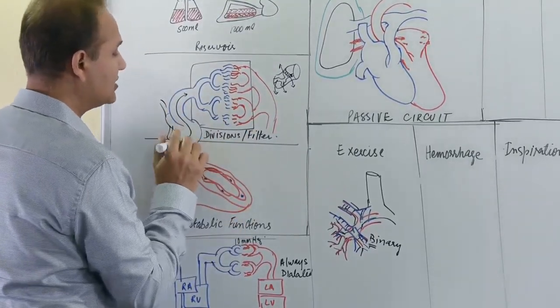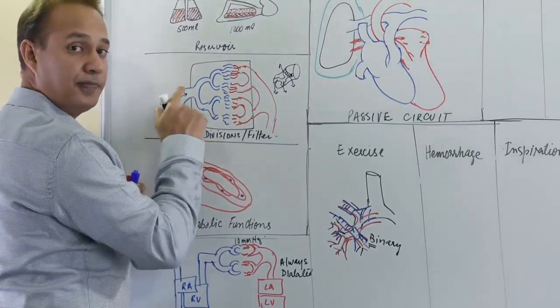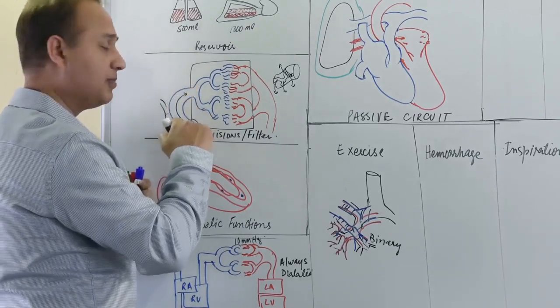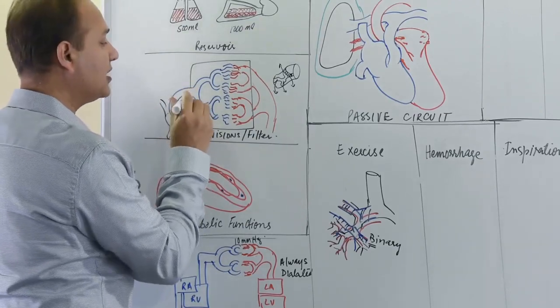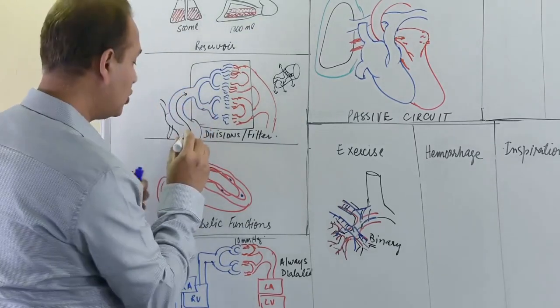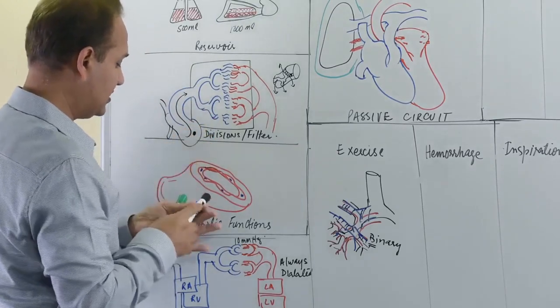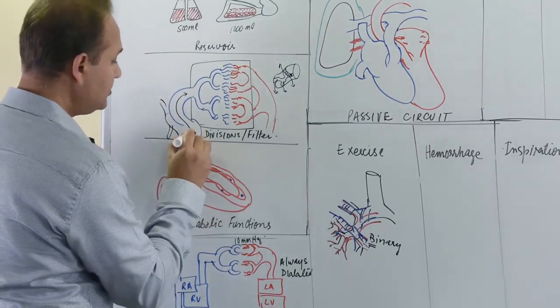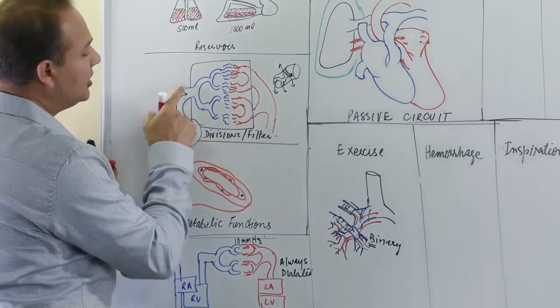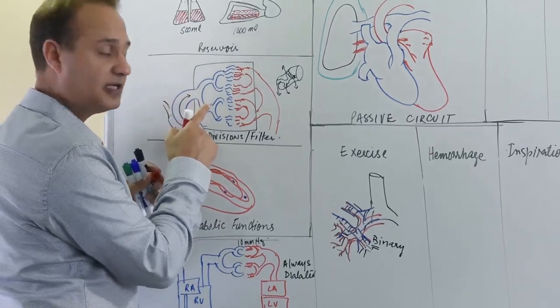Now what's going to happen is the pulmonary artery will bring that little clot. So let's say it is here. This is a thrombus. Let's make it red. So this red thrombus will come into the pulmonary vasculature.